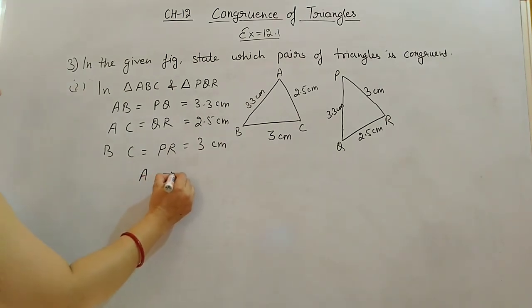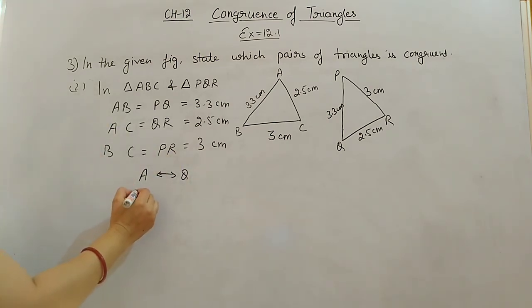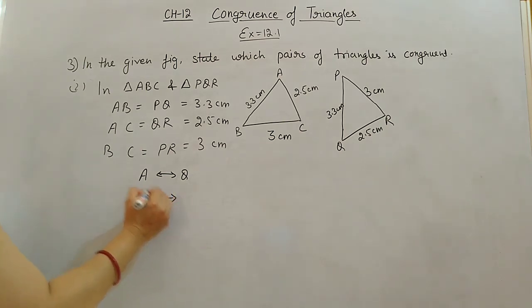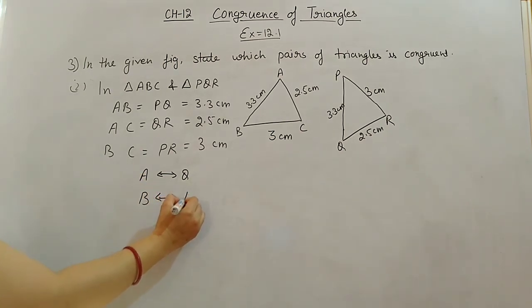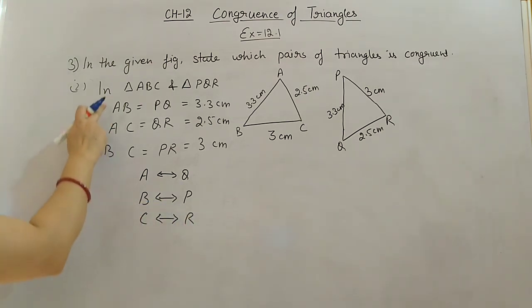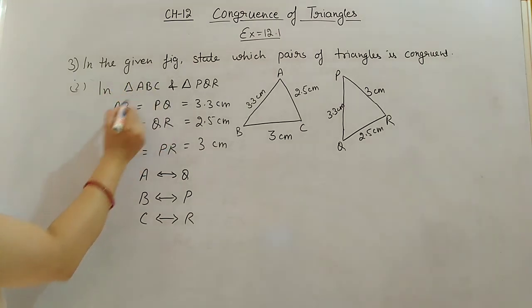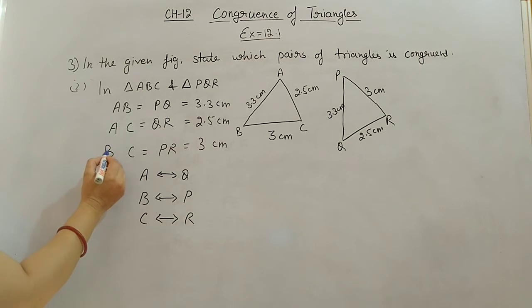A is corresponding to Q. Then B is corresponding to P. And C corresponding to R. Here C will go to R and B will go to P, like this.